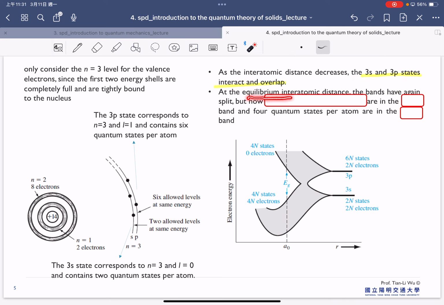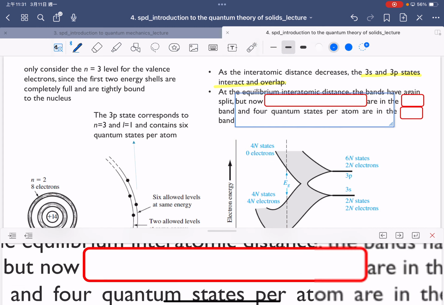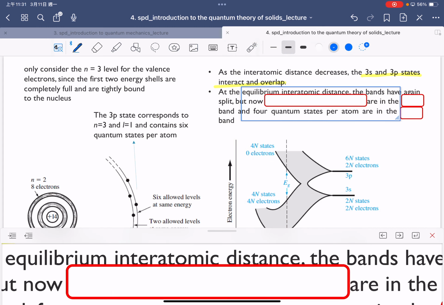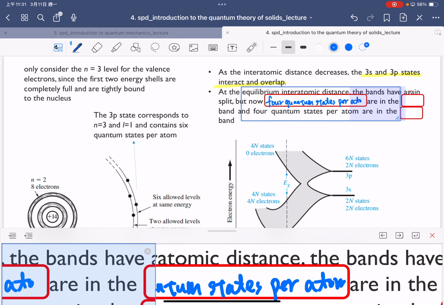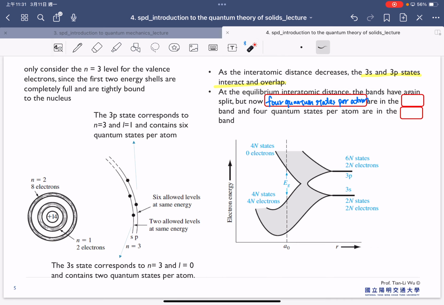At the equilibrium distance, the band splits again, but now we have 4 quantum states per atom in the lower band and 4 quantum states per atom in the upper band.